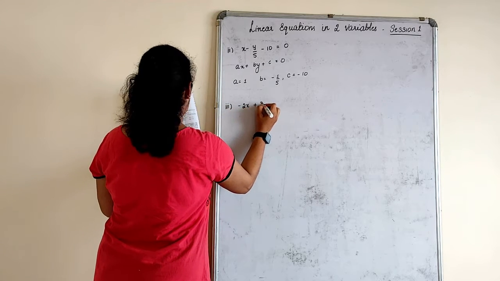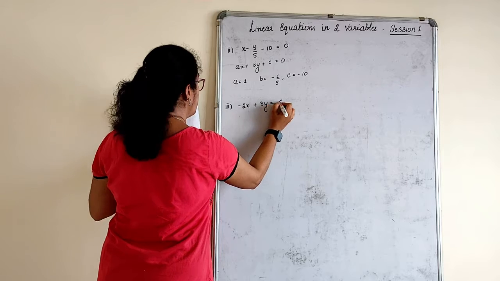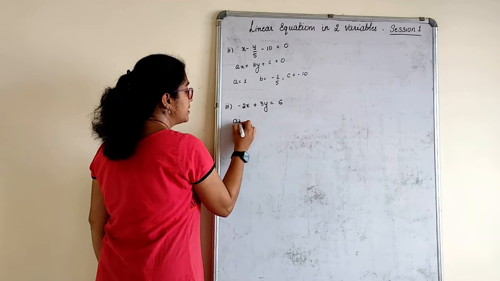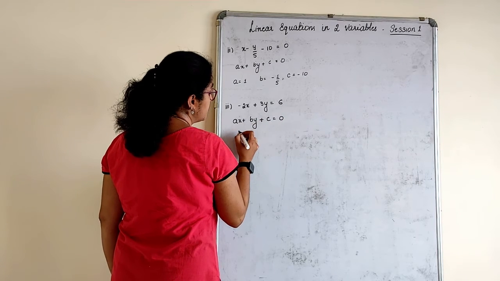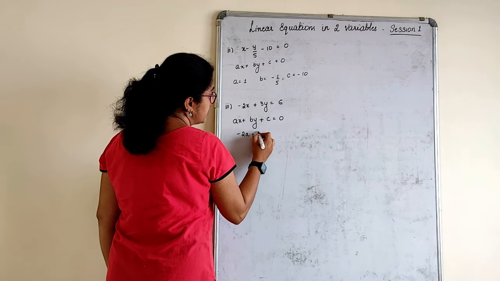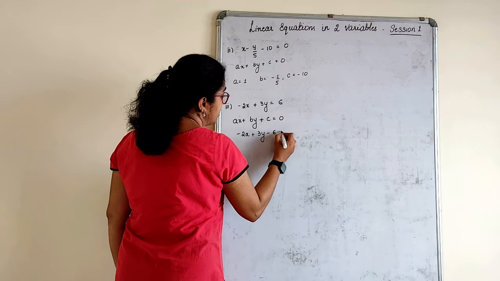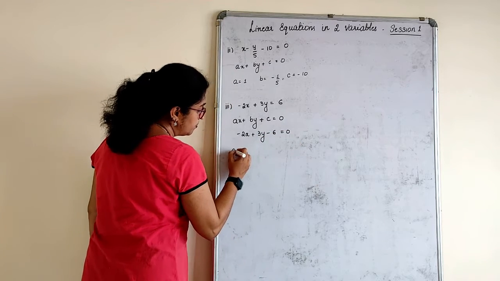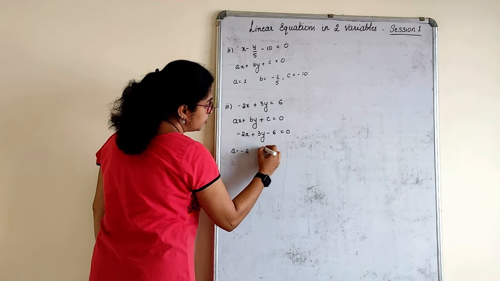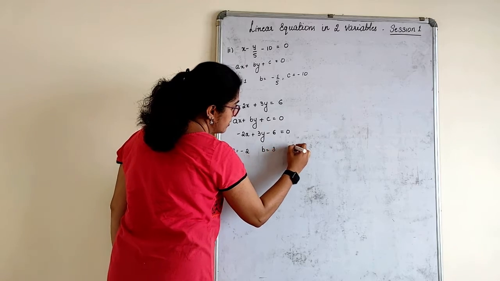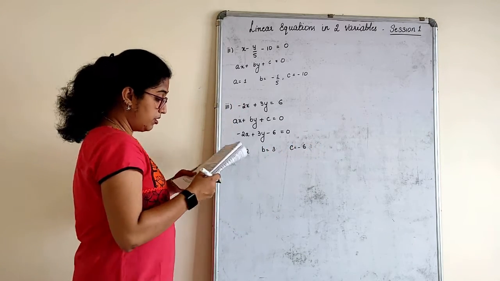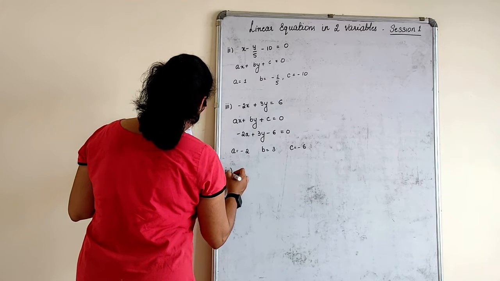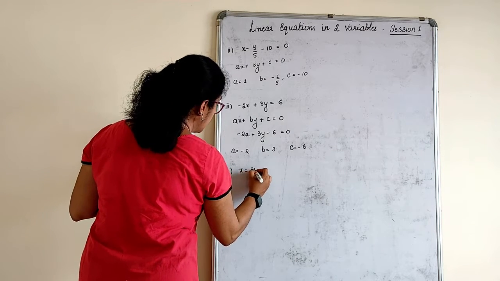Quickly, we'll start with the third one. Minus 2x plus 3y is equal to 6. The standard form is ax plus by plus c is equal to 0. Minus 2x plus 3y minus 6 is equal to 0. A is minus 2, b is 3, c is minus 6. Fourth one, x is equal to 3y.